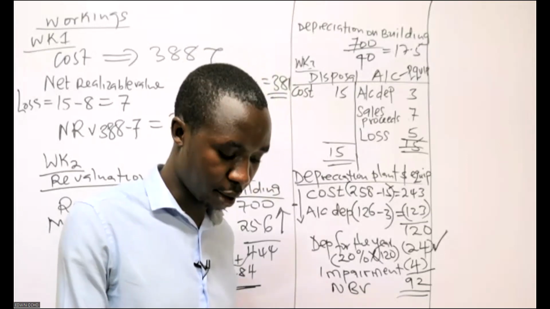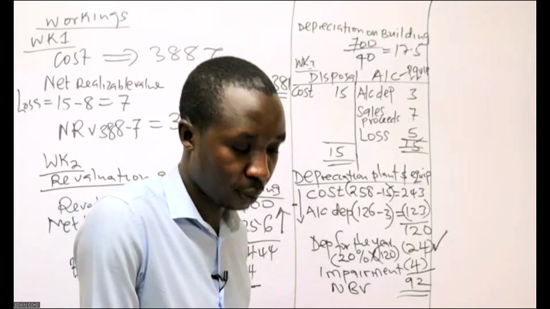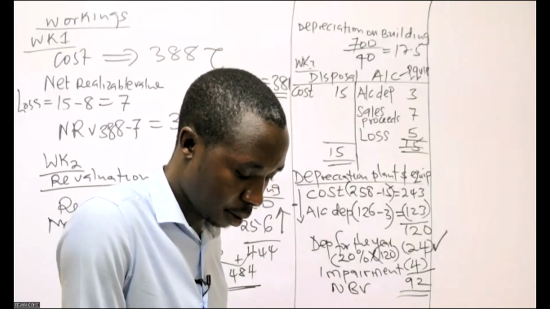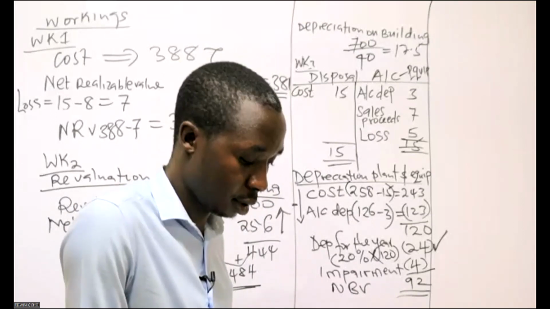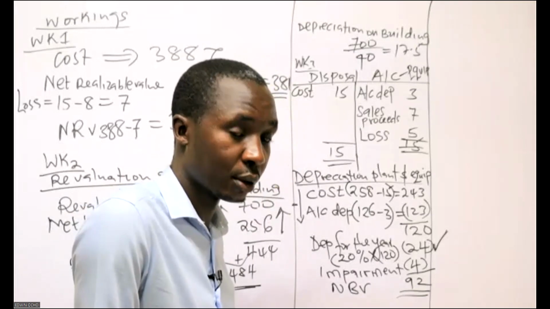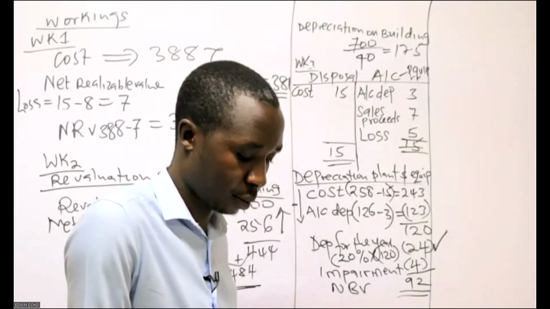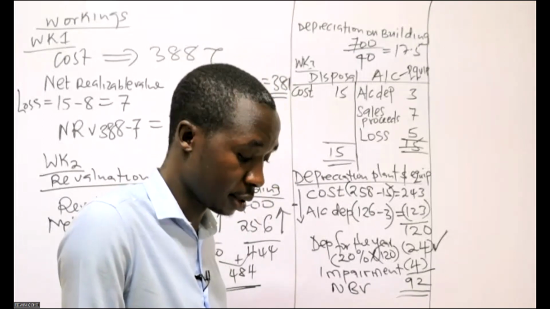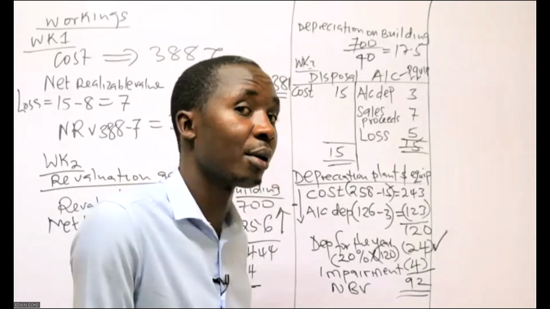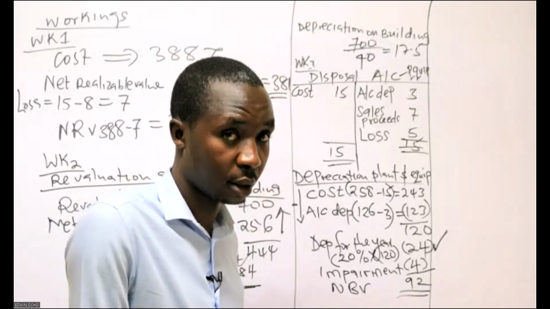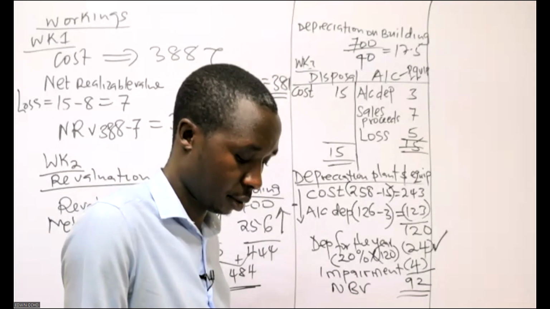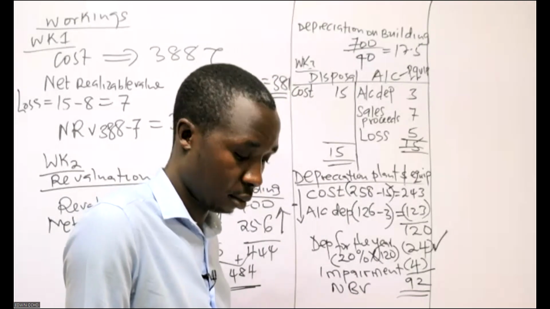So you check if there's a gain, because from the trial balance we have 548. It has increased to 586 after a valuation. So that is an income which would appear in the income statement.